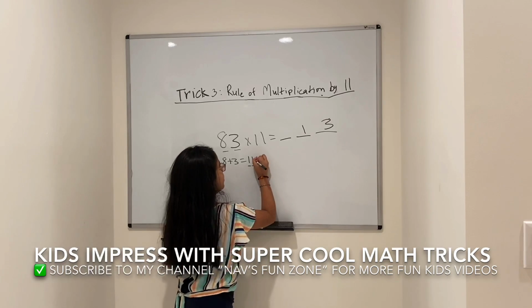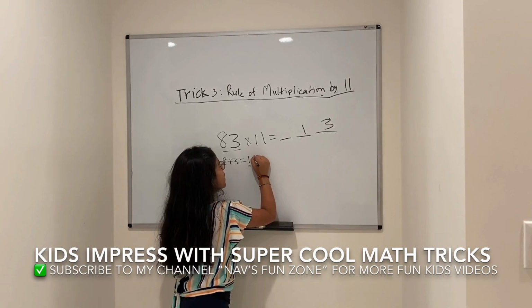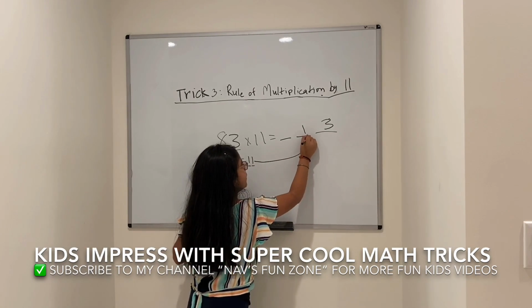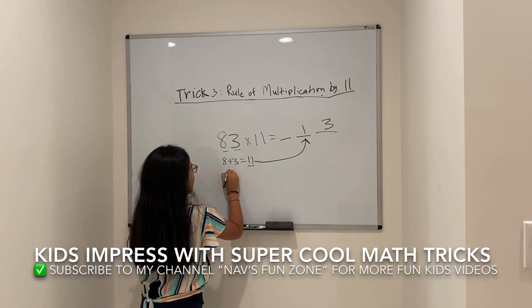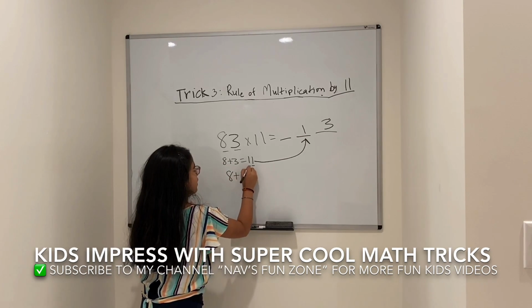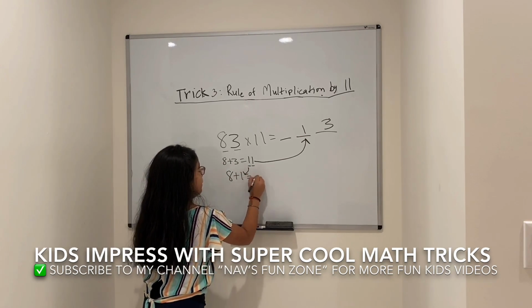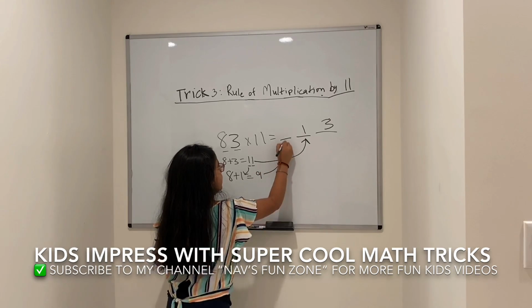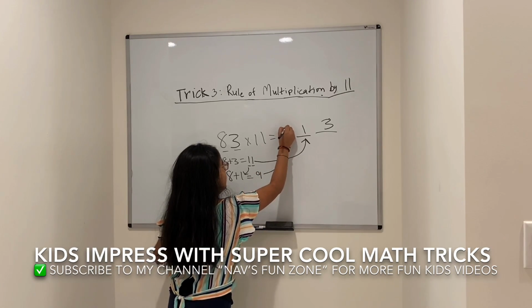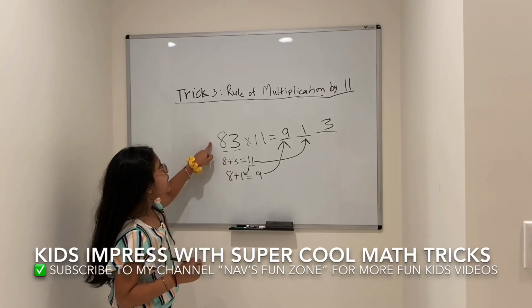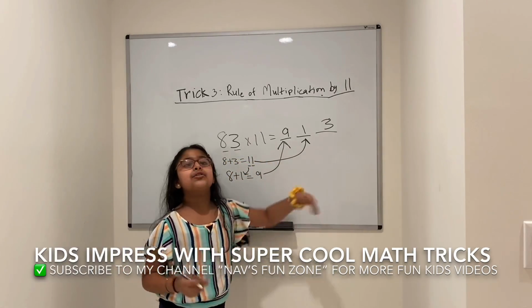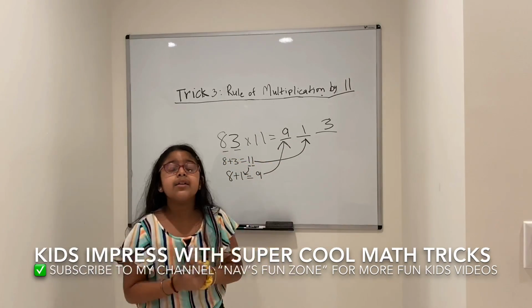So let me make this a little bit clearer. The ones digit goes here. Then you add 8 plus 1, equals 9. And 9 goes here. So your answer for 83 times 11 is 913.